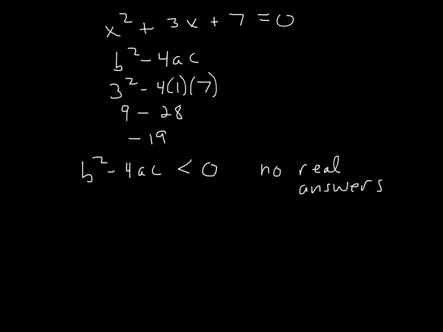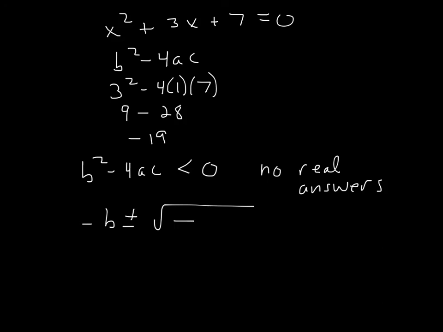And that comes from the fact that you'd have negative b plus or minus, this is the quadratic formula, and now you've got a negative inside the square root. Remember, this b squared minus 4ac is the inside of the square root of the quadratic formula. If that number is negative, that leads to imaginary numbers.